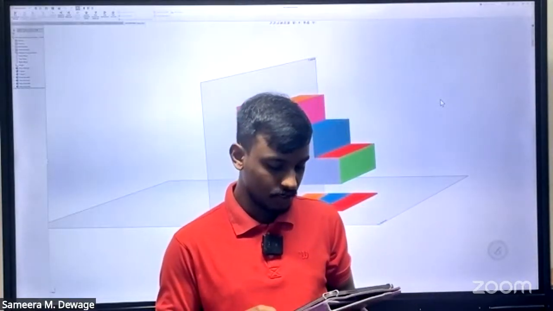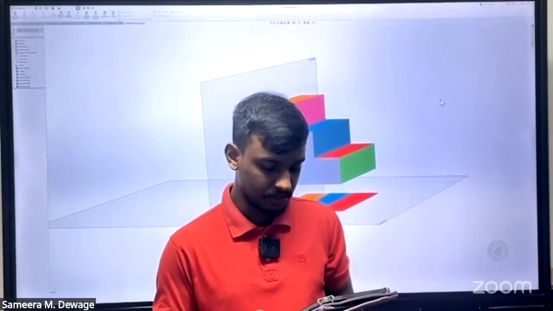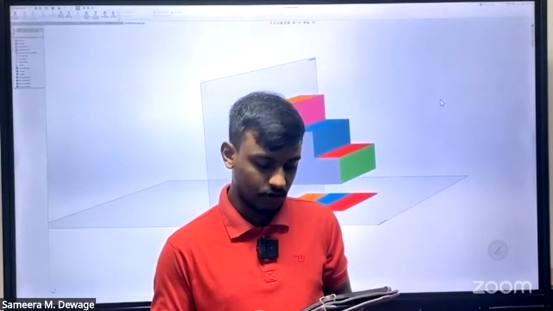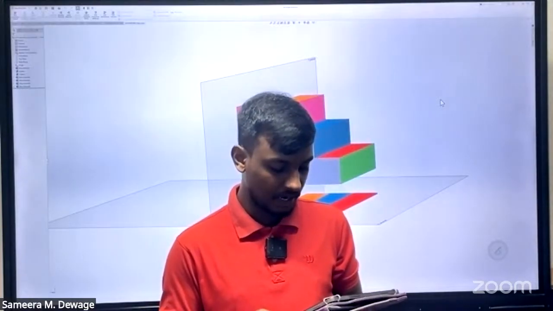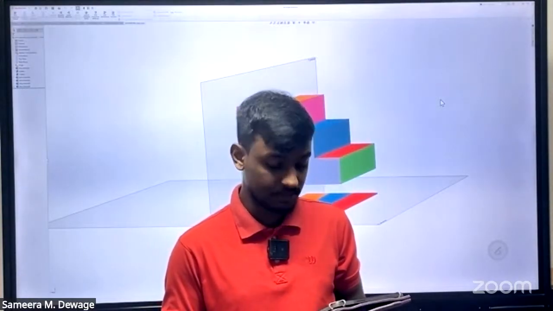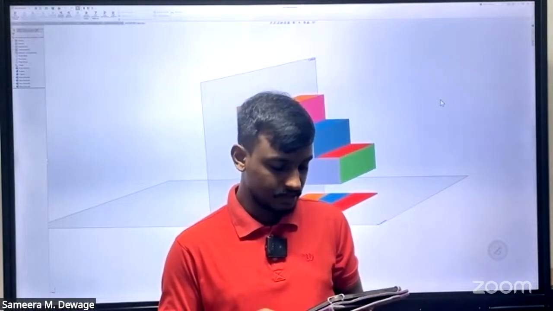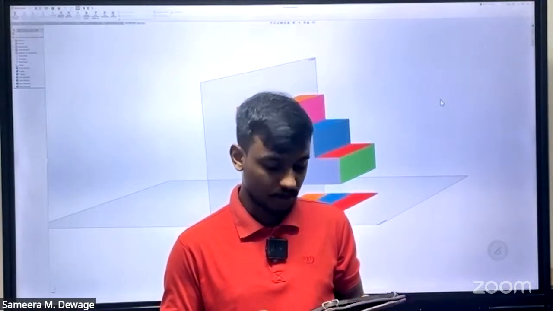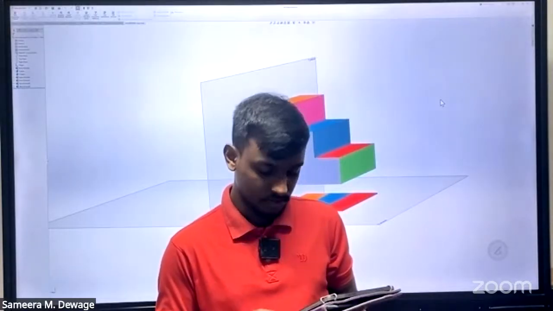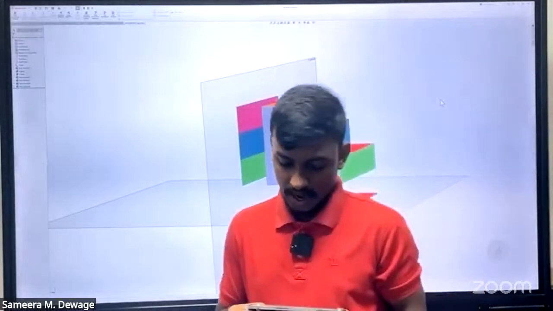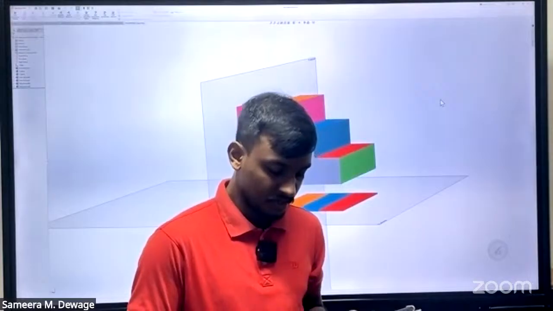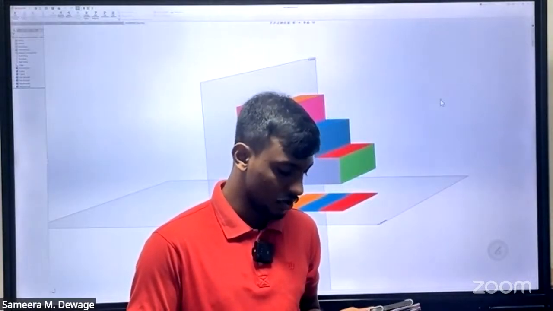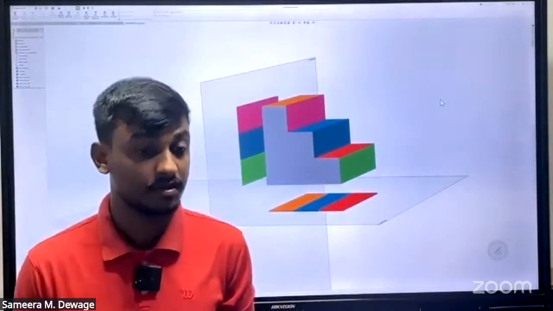The method used for this purpose is to project the object onto different planes by placing it at the center of an imaginary transparent box and drawing the front and side views on paper. This method is known as the orthographic projection method.